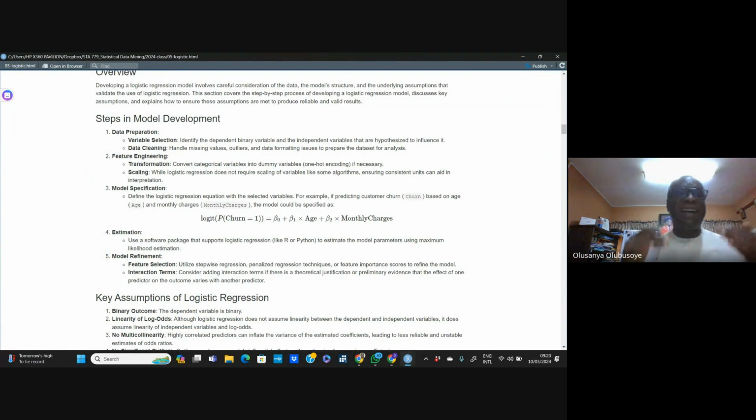So, this time we have determined what our dependent variable and independent variables will be. Later we will clean the data, look for missing values, look for outliers, and so on. We'll format, then do feature engineering if we need to.